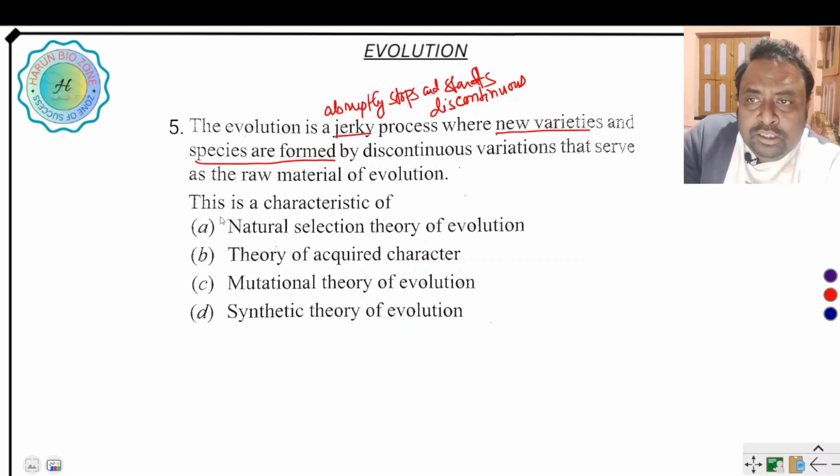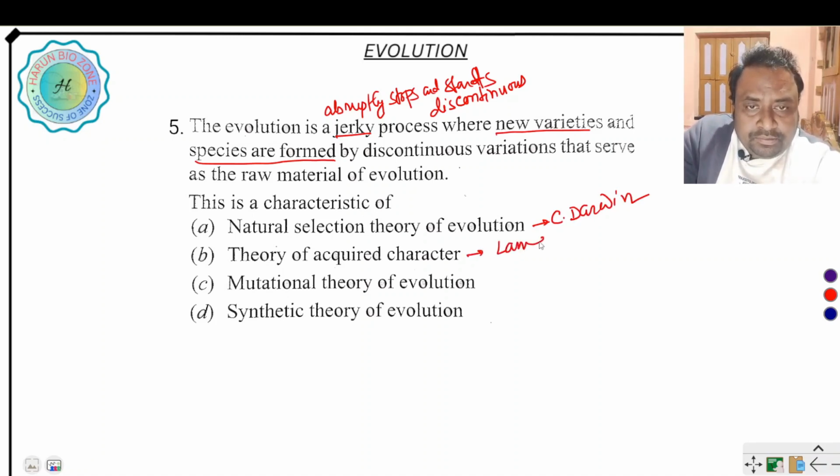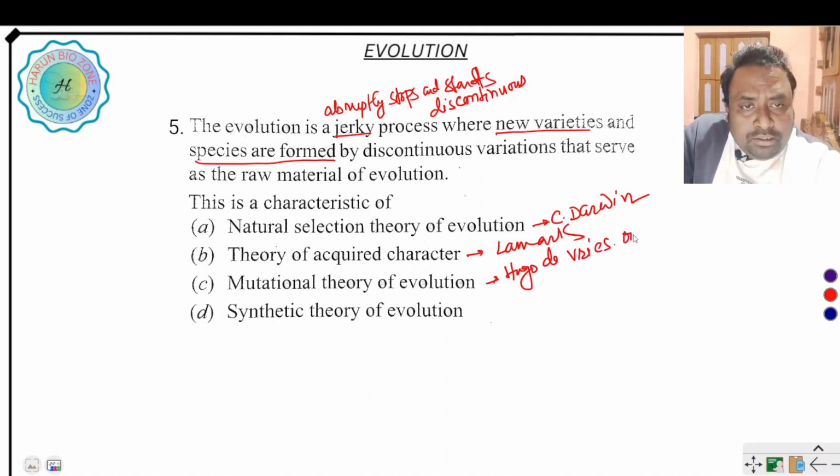Natural selection theory of evolution was proposed by Charles Darwin. Theory of acquired characters was proposed by Lamarck. Mutation theory of evolution was proposed by Hugo de Vries. He first proposed the theory of mutation on the evening primrose plant.